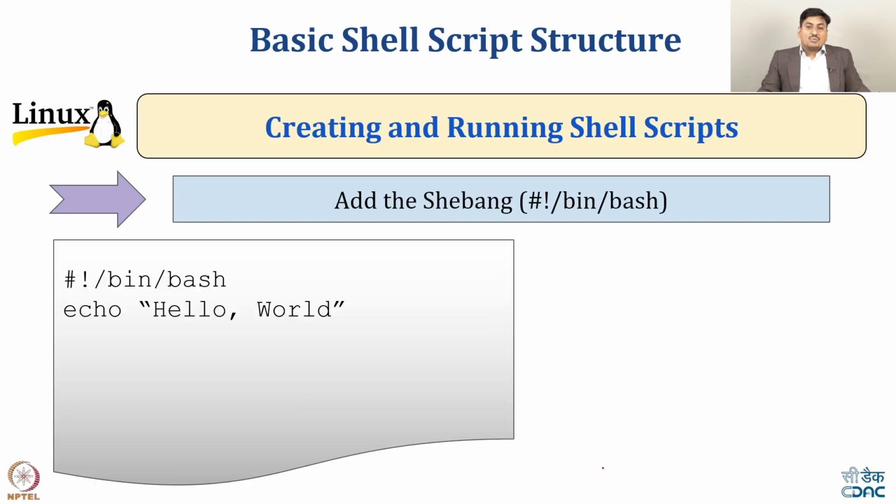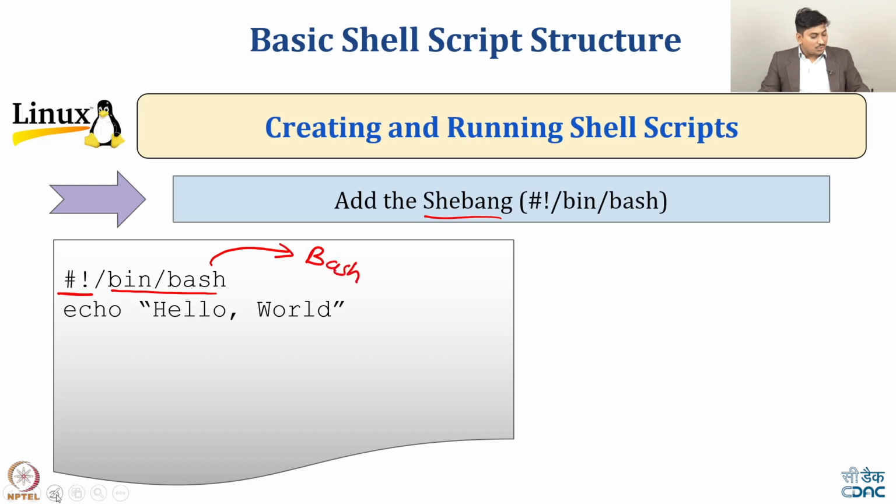Now another important thing you need to understand here is adding the shebang. What is meant by shebang? You just need to put these characters, hash and exclamation mark, followed by the path of the shell. Here we are telling it that I want to use the bash shell.